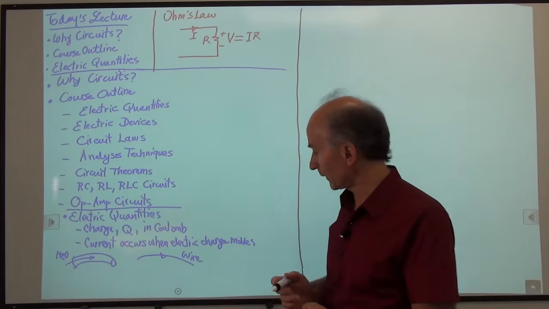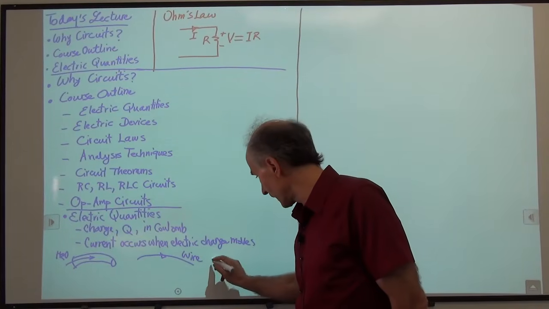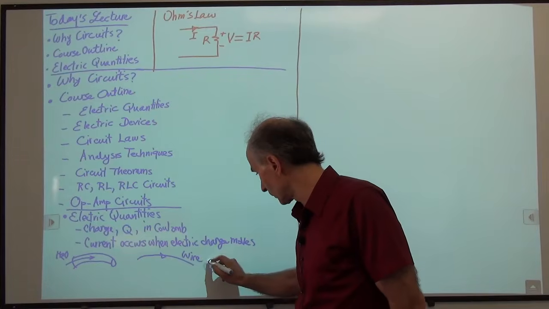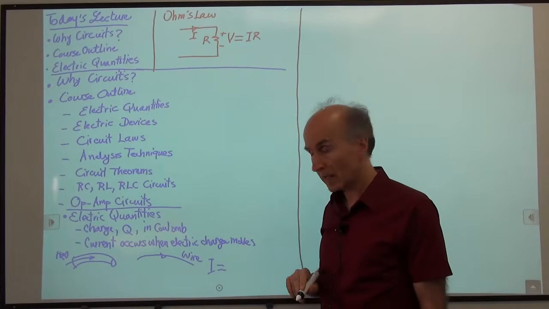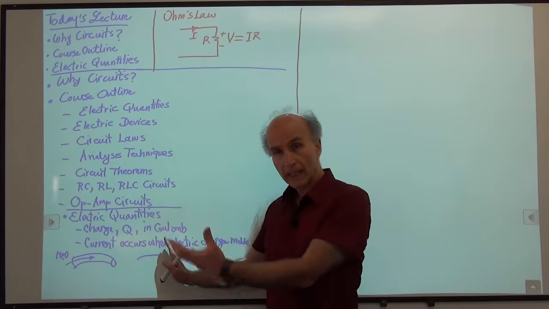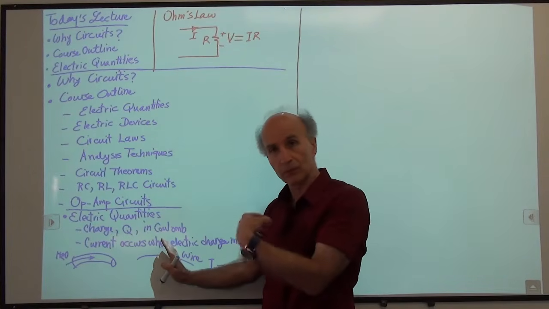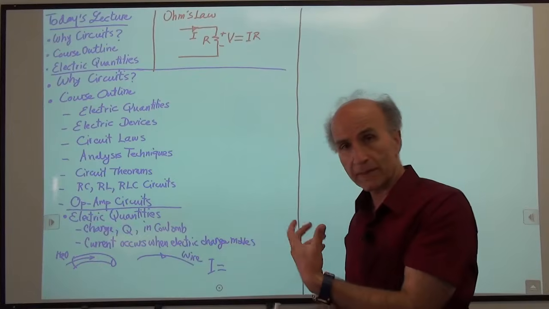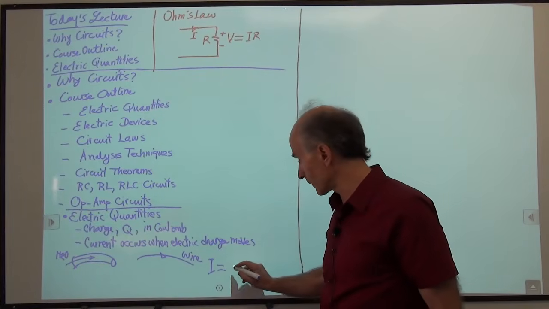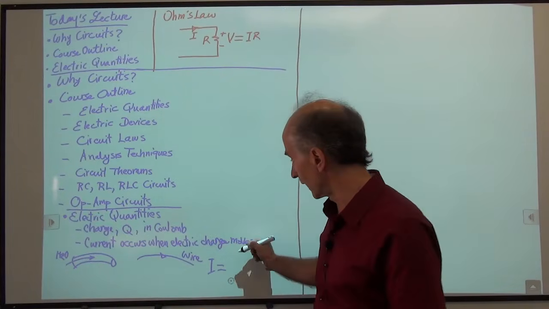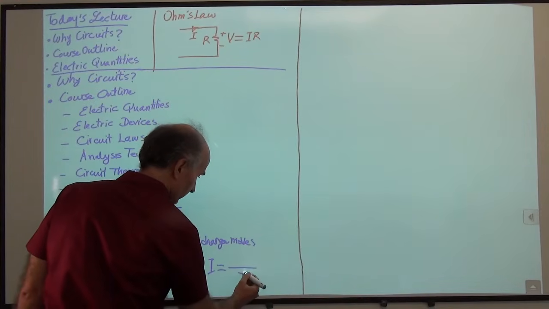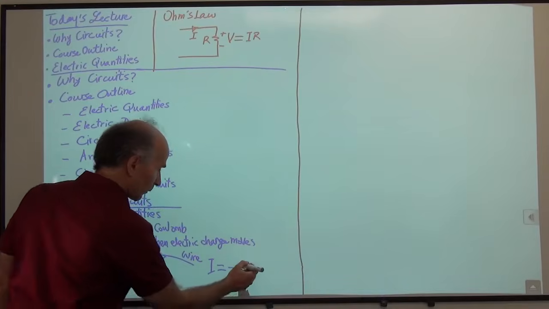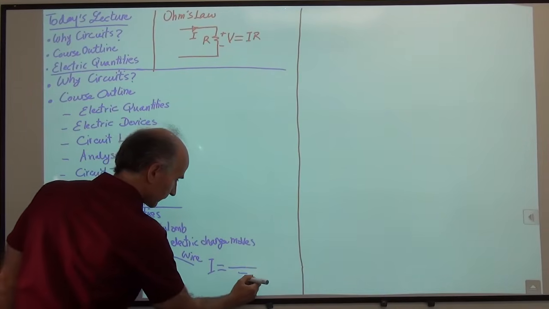All right, so what we are thinking is the following. So we say that the current passing through this wire is equal to, I'm going to sit in this wire and look at the charge that's passing through the wire. So I sit there for some amount of time. So let's call that amount of time T. So we sit in the wire for T seconds.